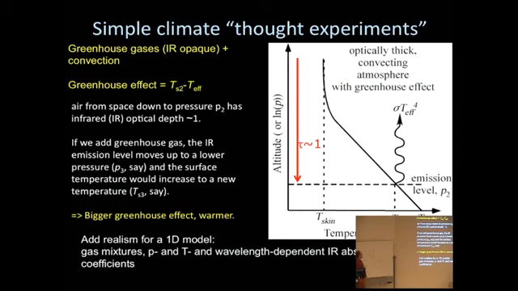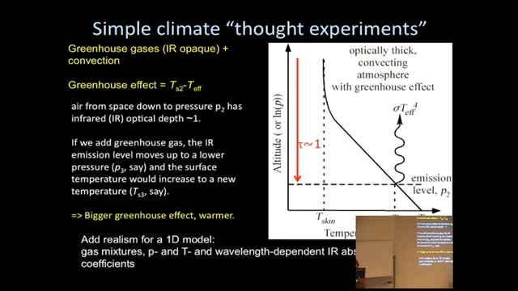We can add realism to this 1D model. What we could do is put in different gas mixtures, and pressure, temperature and wavelength dependent infrared absorption coefficients. If you kept it simple, that would just be an absorptive atmosphere. Then you can do other things. You could add scattering to the model.